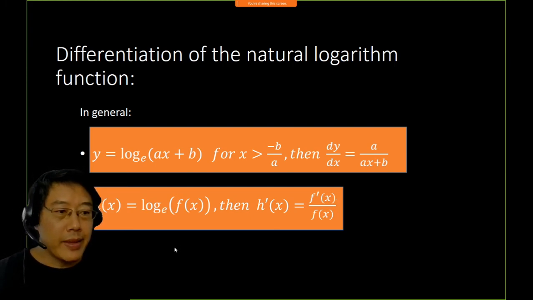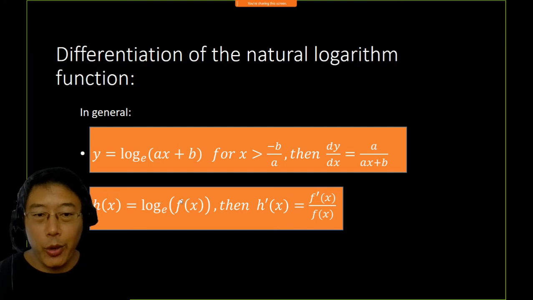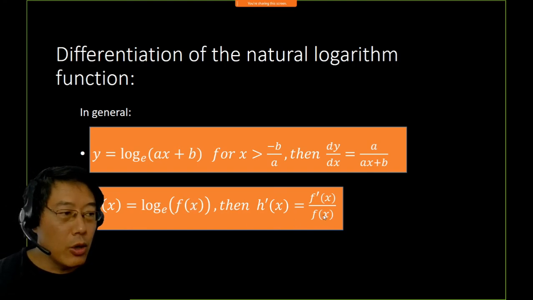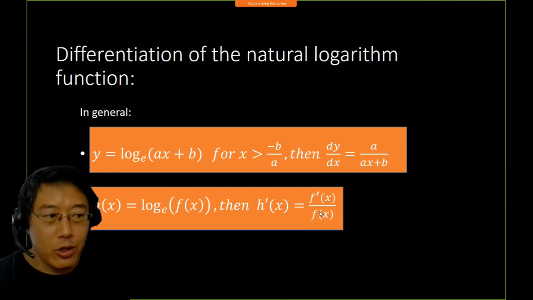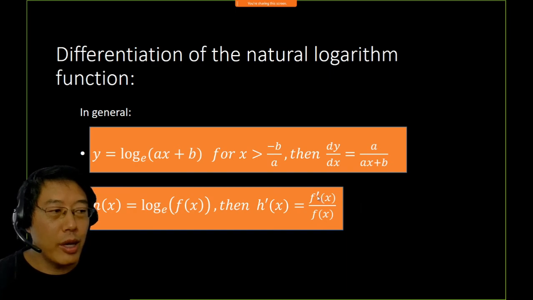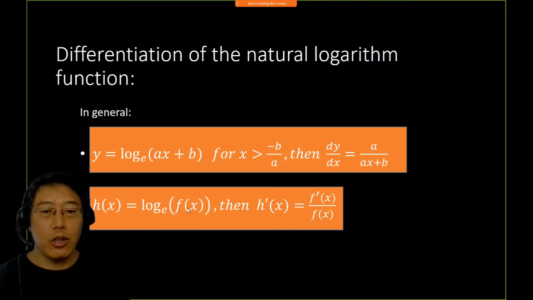Okay? So if I do, for example, log of e of, let's say, x squared, if you want to differentiate, for the denominator you write x squared, the derivative of x squared will be 2x, so that will be 2x over x squared, and I will simplify. Okay, but that's the idea to do when you want to differentiate a function that is a composite of a log of e of a function.